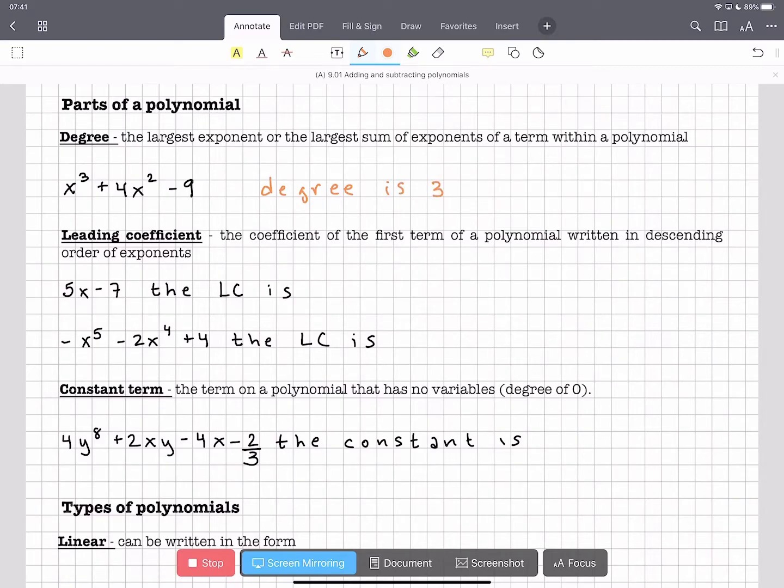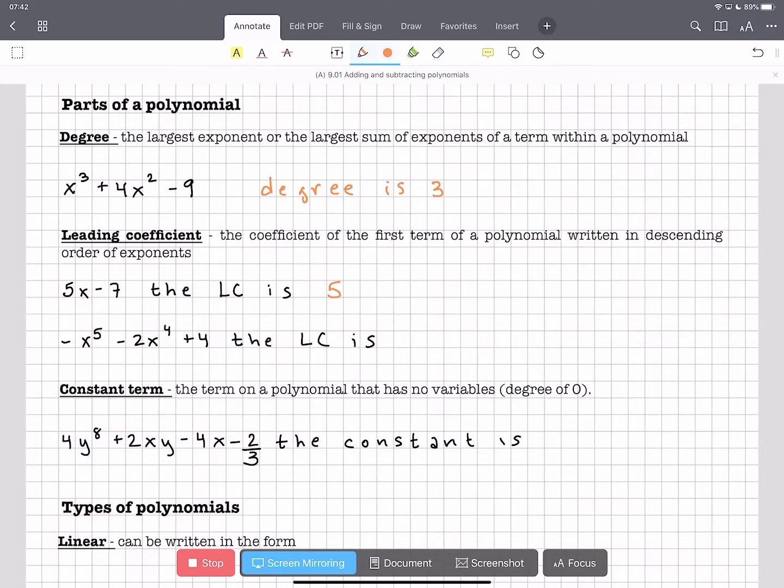Then we have something called the leading coefficient, and that's simply the coefficient of the first term of a polynomial after it's written in descending order. In the binomial 5x minus 7, it's already written in descending order, so the leading coefficient is 5.